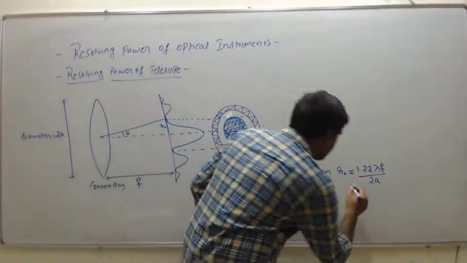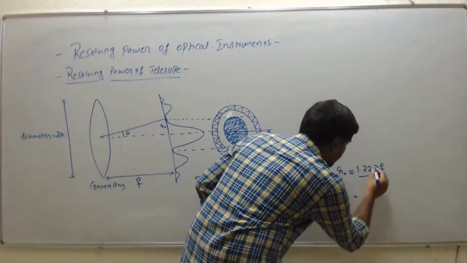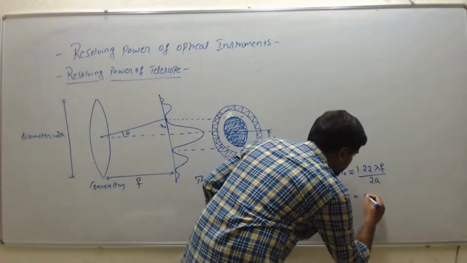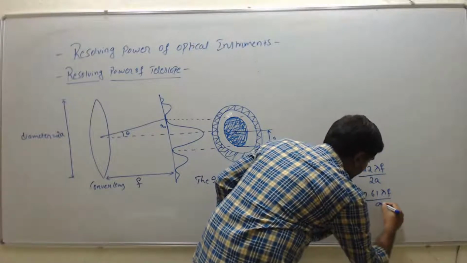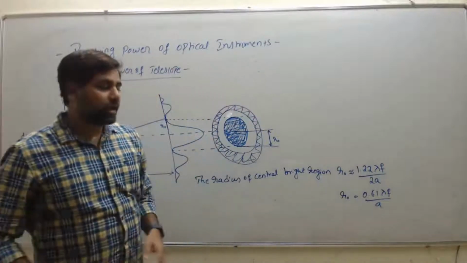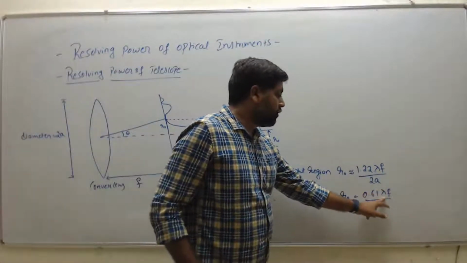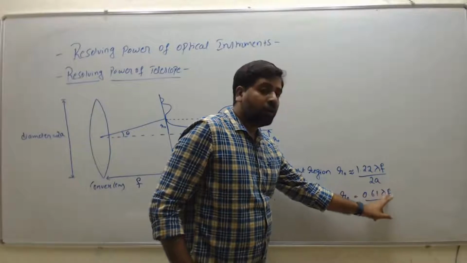here the r naught value becomes, if we divide 1.22 by 2, we get 0.61 lambda f divided by a. If we observe here, the wavelength of the light is very small and the focal length is also small.